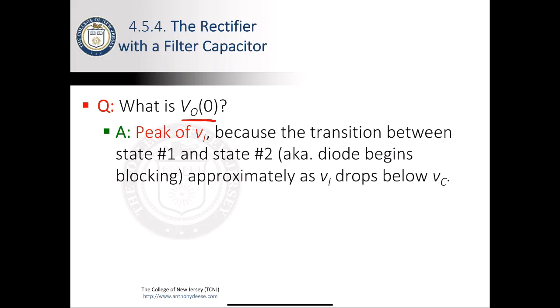So that's different. And the trade-off between state number 1 and state number 2 will occur when VI is at its peak. And therefore, we will call this VI peak. Well, actually, sorry, that's going to be a different number. We're just going to call it VO peak.